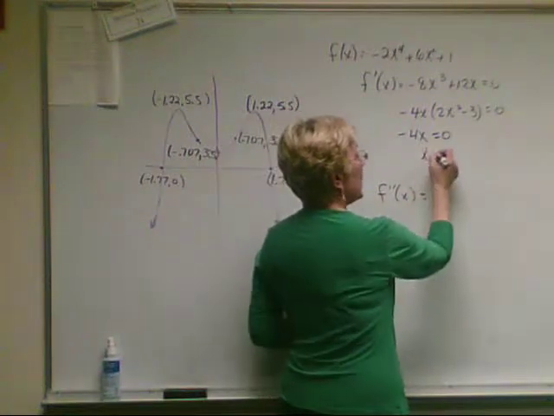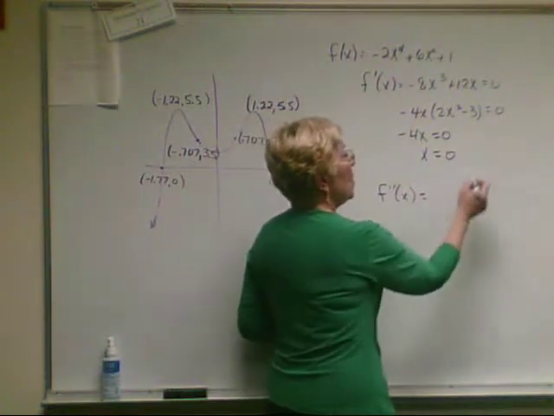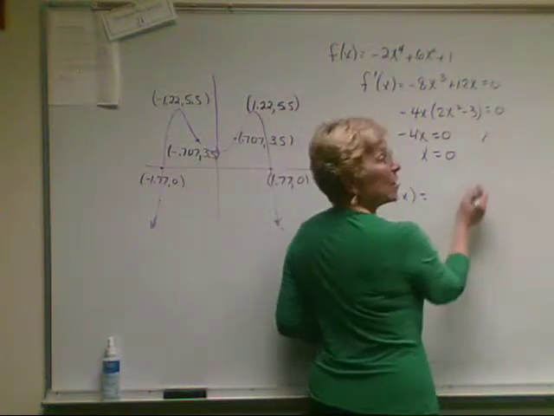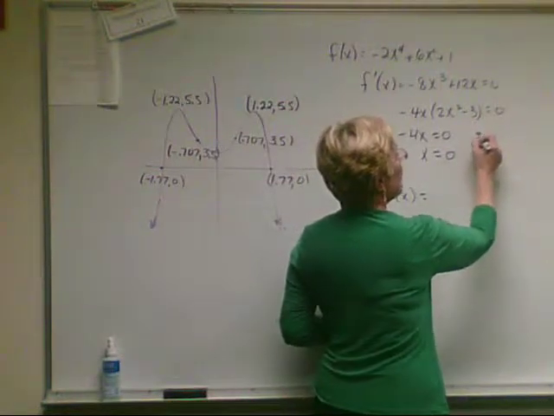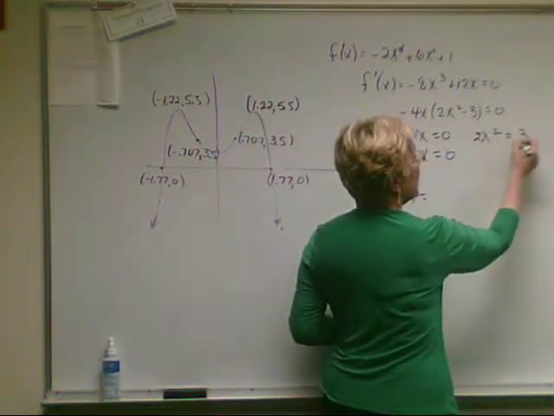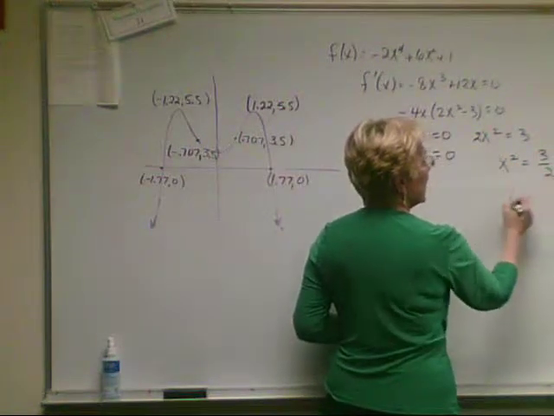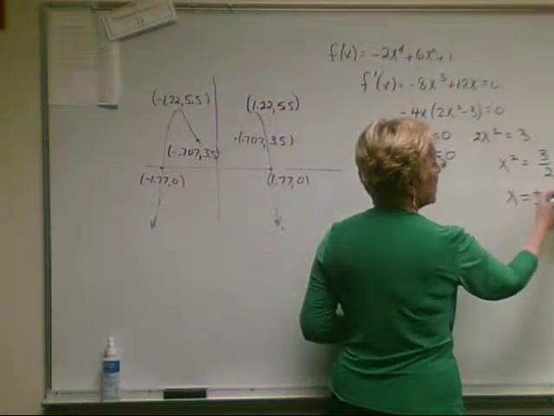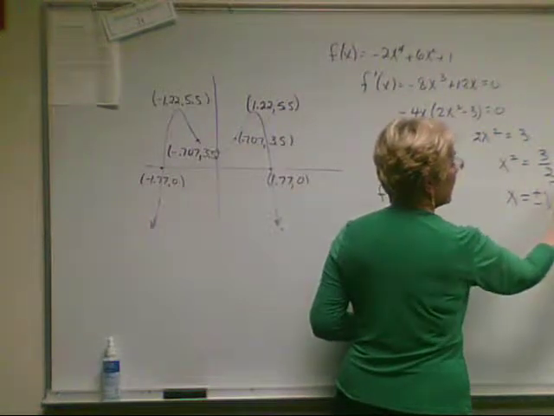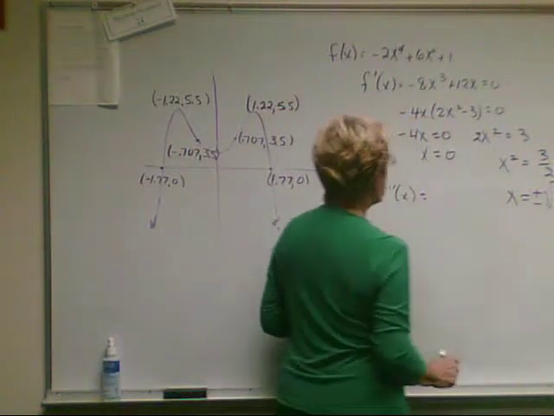So that means x equals 0, or x, well, let's take it a step at a time. 2x squared equals 3, x squared equals 3 halves, x is plus or minus the root of 3 halves.